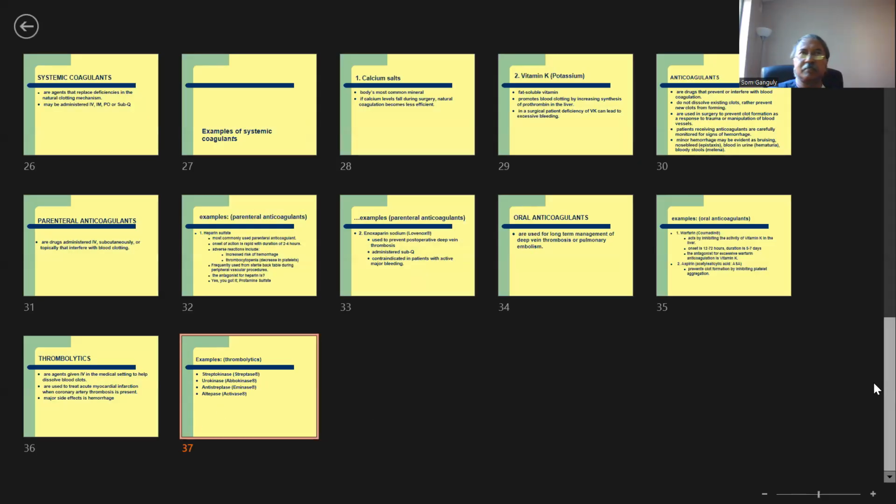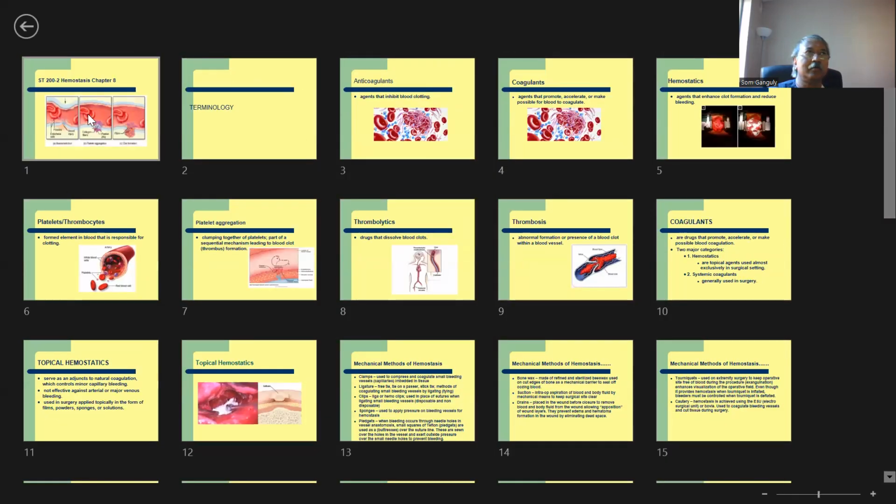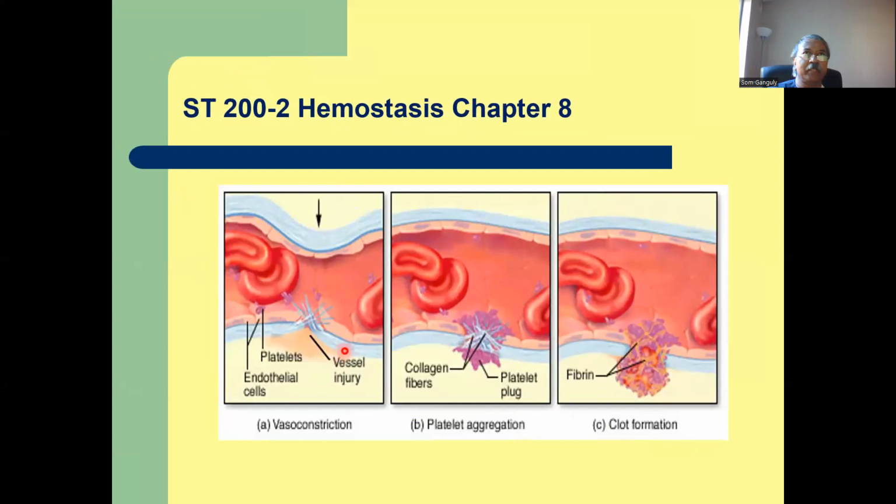So systemic, and mechanical, and chemical hemostasis is required in order for a surgery to be done efficiently.